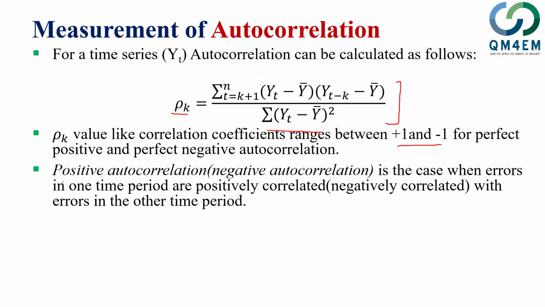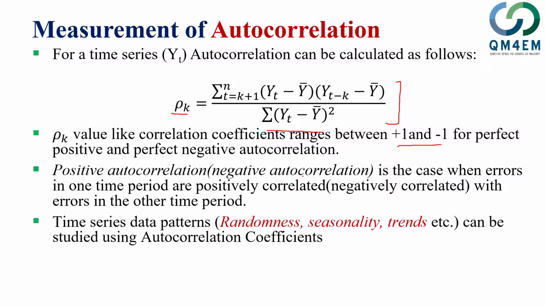Positive autocorrelation is the case when errors in one time period are positively correlated with errors in another time period. Similarly, negative autocorrelation is the case when errors in one time period are negatively correlated with errors in another time period.